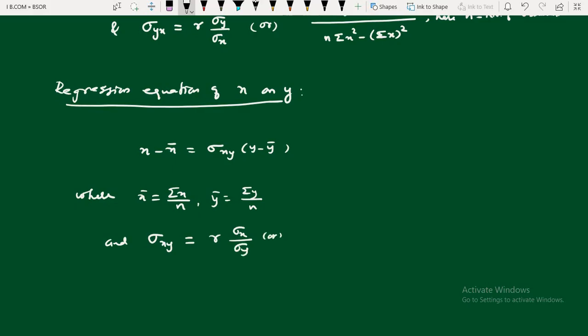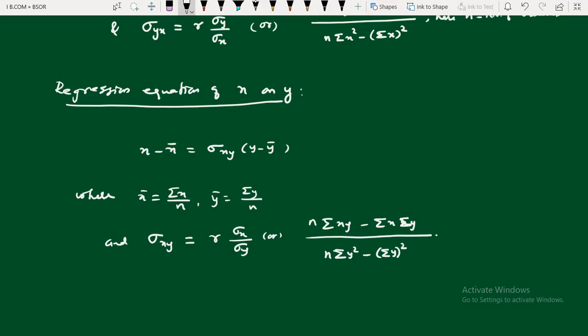Or you can use the alternate formula: n into summation xy minus summation x summation y, divided by n into summation y square minus summation y whole square.